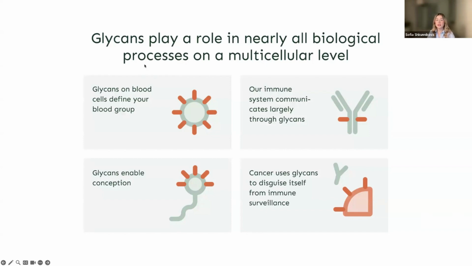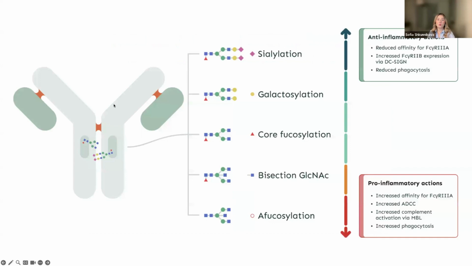So glycans are very interesting in context of studying chronic inflammation because they have a presence in nearly all processes in our body. So from defining our blood groups to enabling conception to cancer cells using glycans to evade our immune system. And also our immune system actually communicates largely through glycans. And what we do in GlycanAge is that we use antibodies, which, as you know, are part of our adaptive immune system.